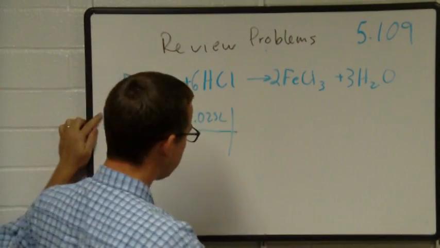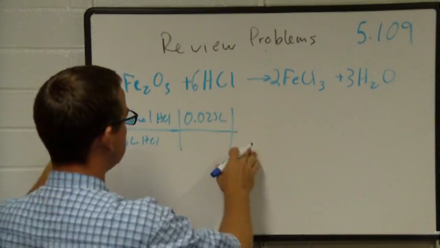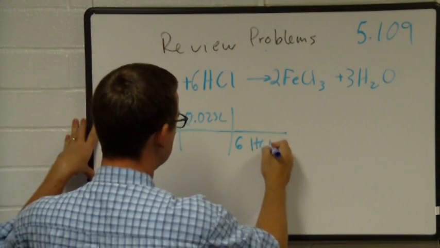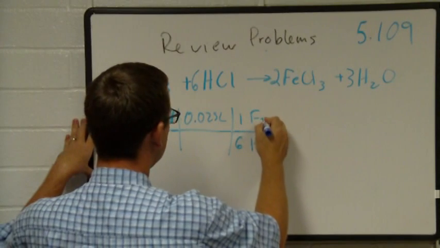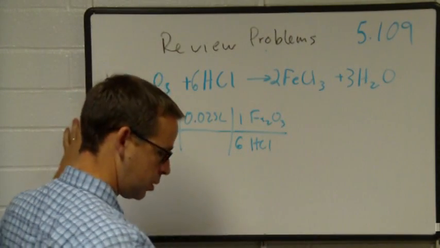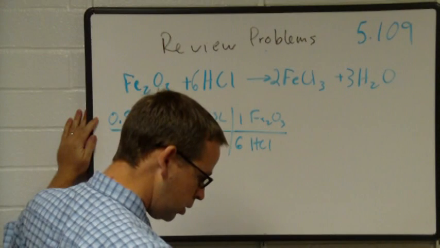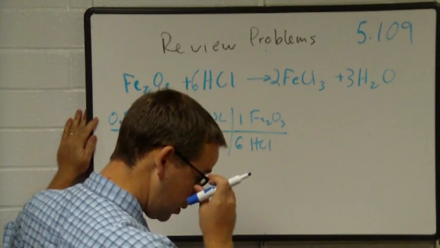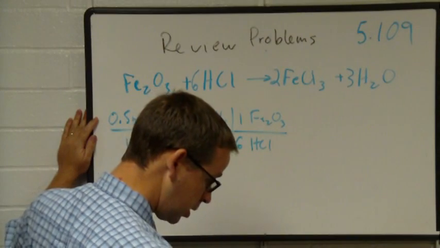And for every 6 moles of HCl, there's 1 Fe2O3 consumed. Okay? So, what will the concentration of Fe3 be when all the HCl has reacted?